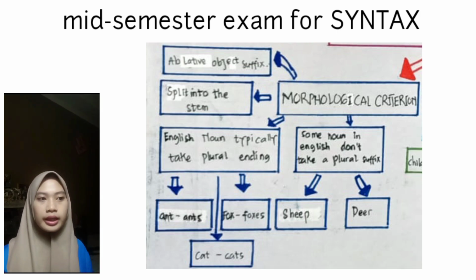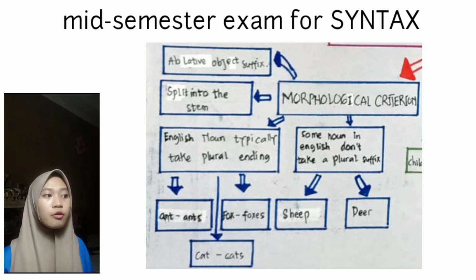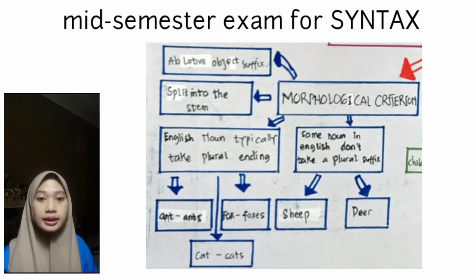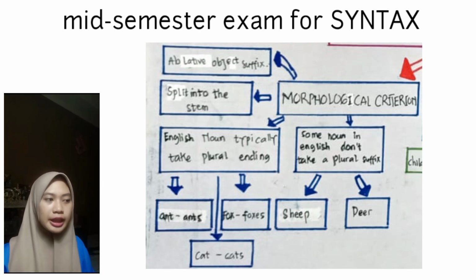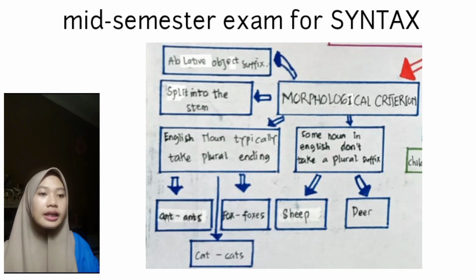The example, in the word unhappiness, the root stem is happy, which means happy, while the affix un is a negative prefix that changes the meaning to unhappy. So unhappiness means the state of being unhappy.